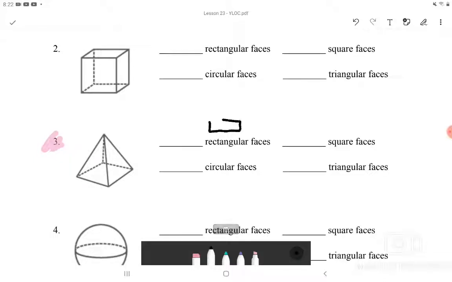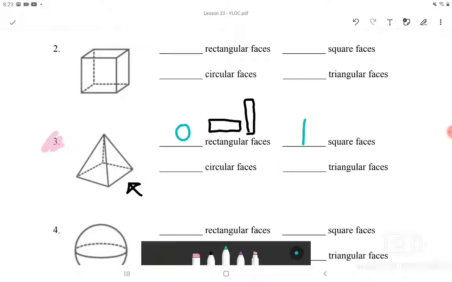We don't see any rectangular faces on this shape. So we're going to put that there are 0 rectangular faces. And when we look at the square faces, we actually do see 1 square face. So we're going to put 1 square face right here.